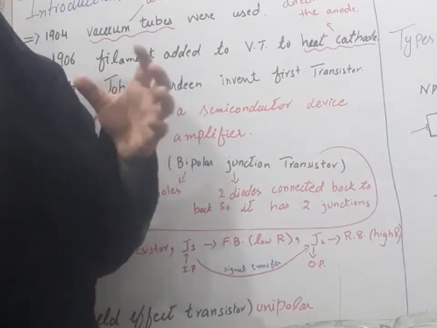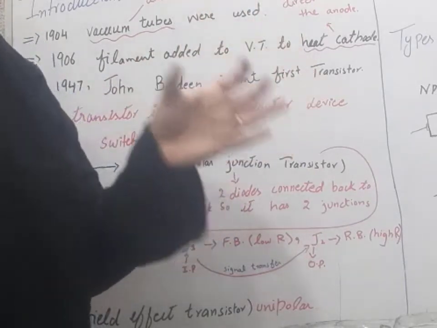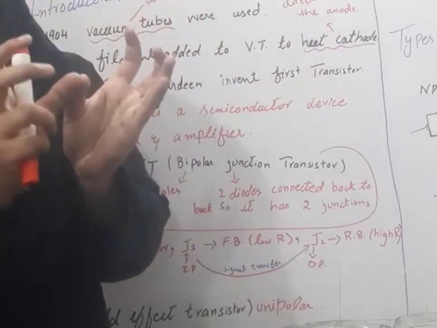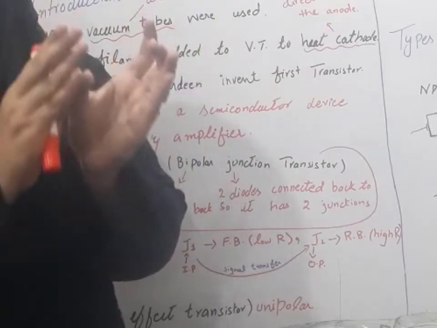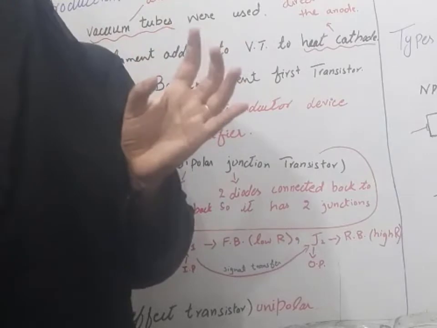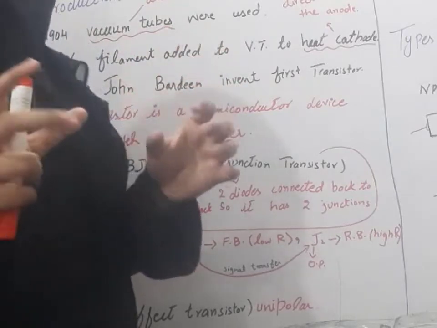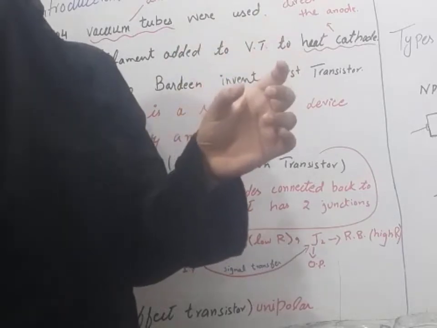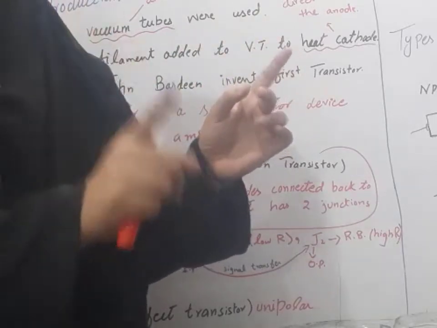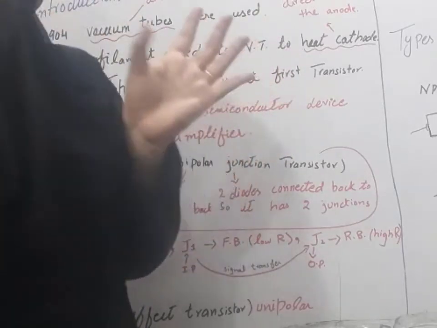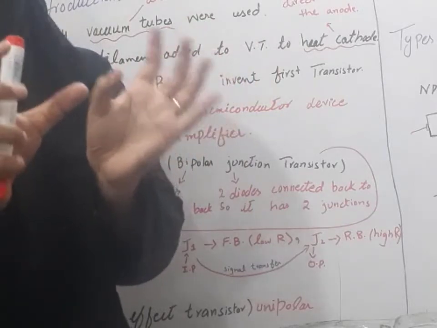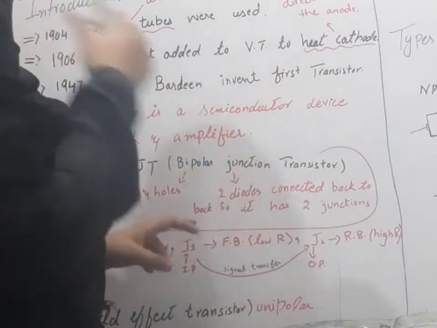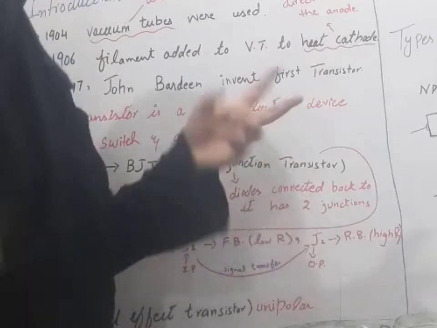We have p-type material, n-type material. We connect the p-type and n-type material, and there will be a junction between the p-type and n-type material. Then this device will be called diode. When we connect two diodes, p-type material, n-type material, n-type material and p-type material back to back, then in that case it will have two junctions, two diodes.